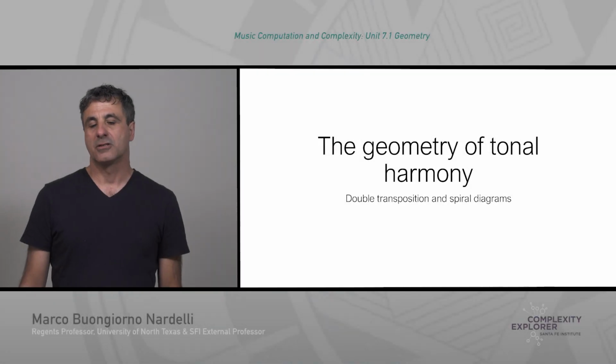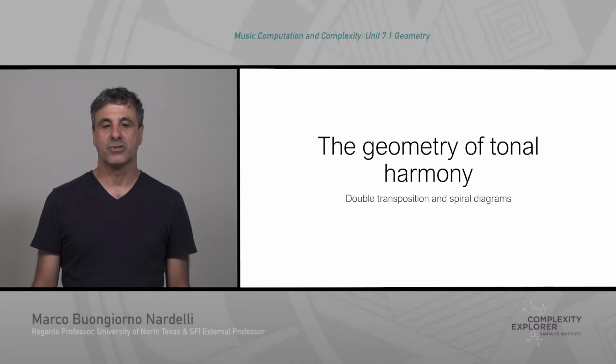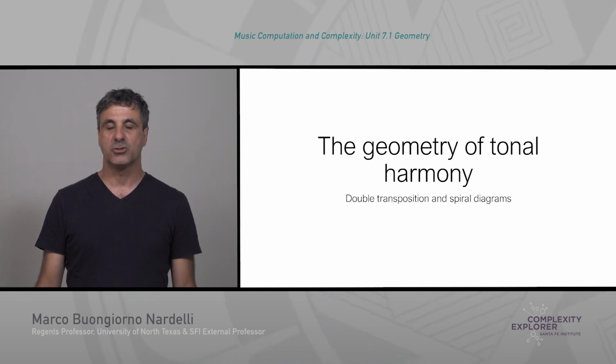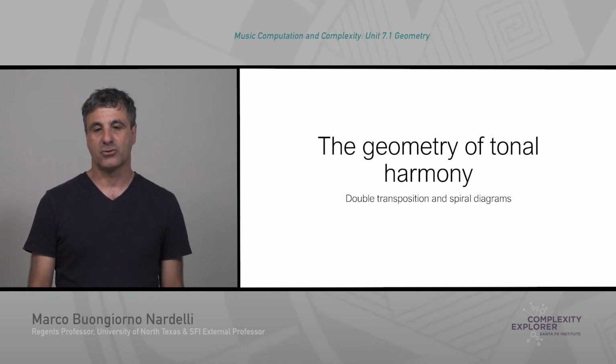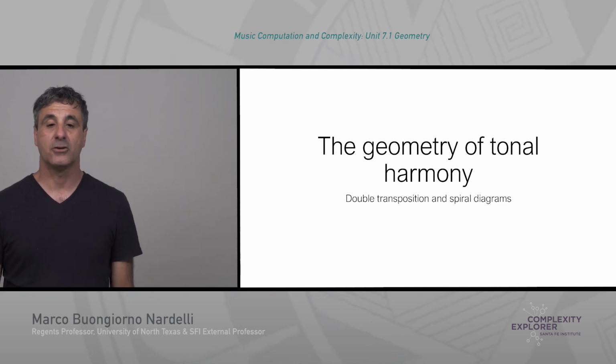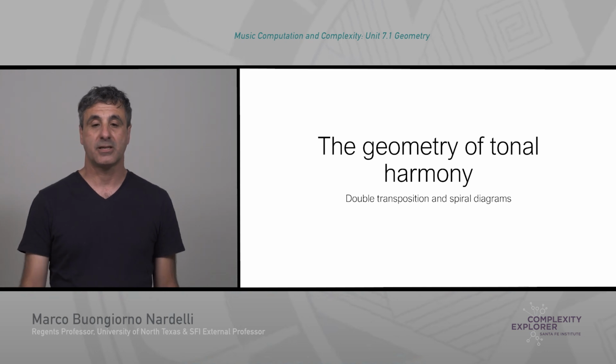In the previous lecture on harmony, I introduced this concept of transposition along a particular collection. So we talked about transposition on a chromatic scale or transposition on a diatonic scale.